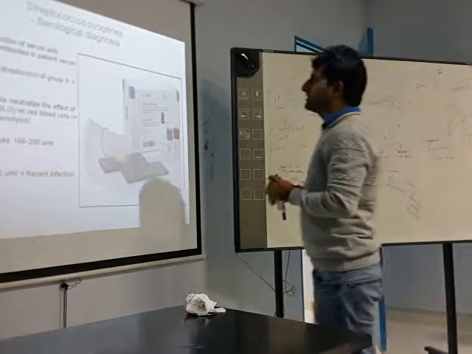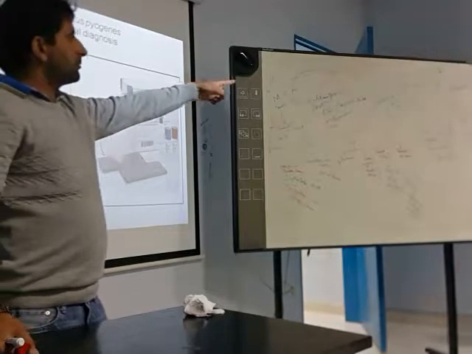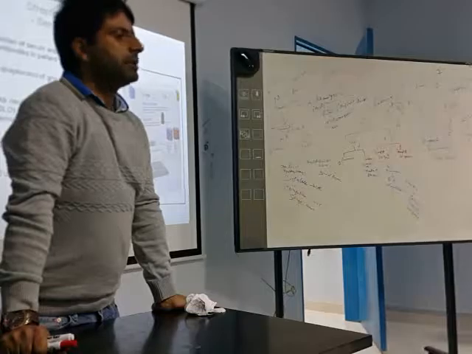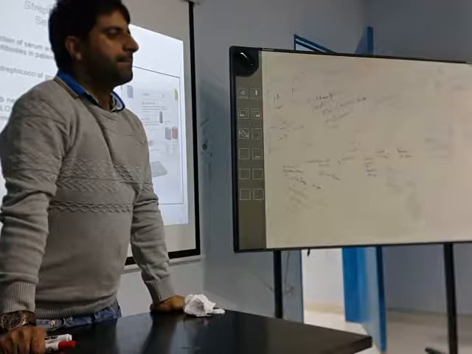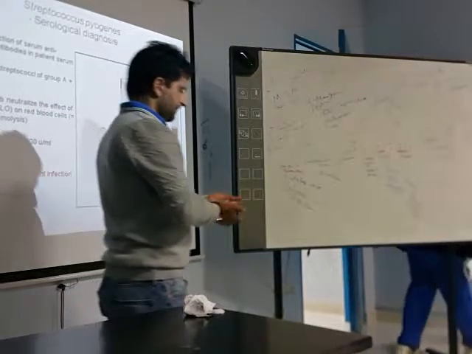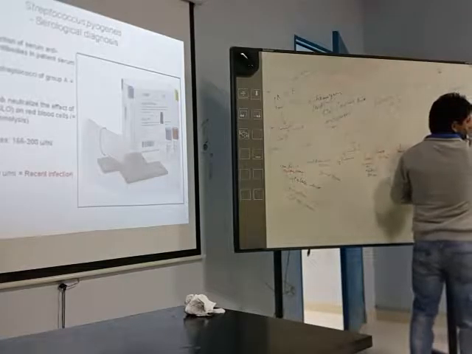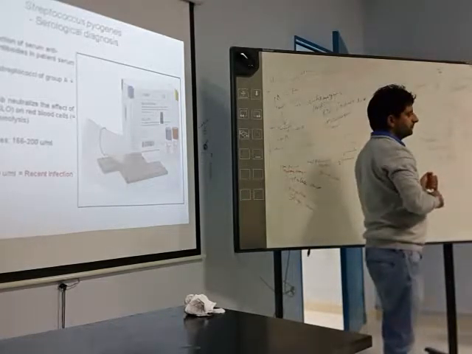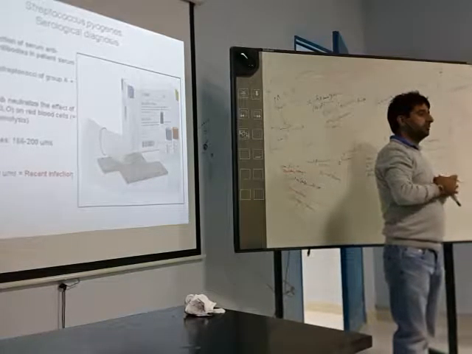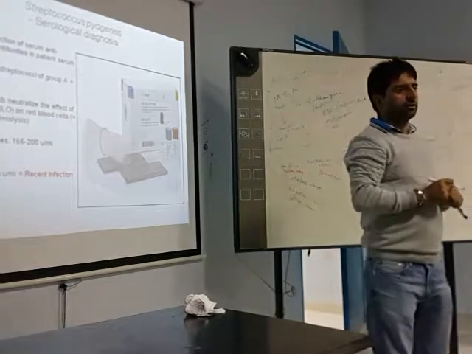What is the other property of these antibodies? If a person has an infection of Streptococcus pyogenes, when are antibodies produced? The antibodies are produced later on, not quickly.